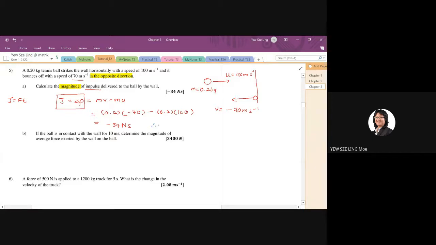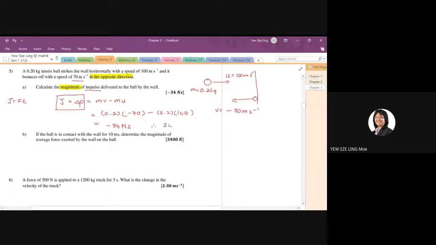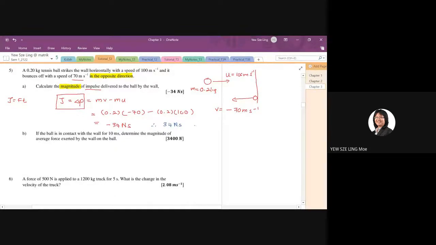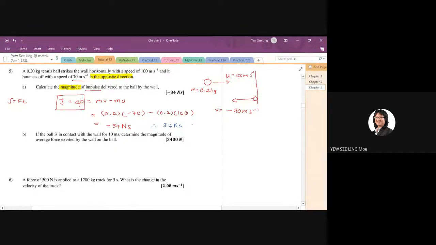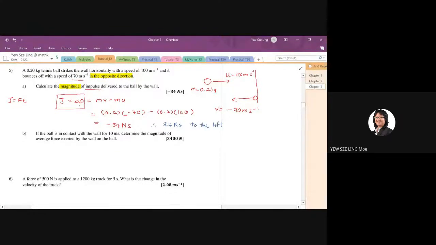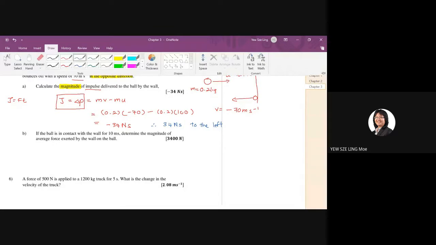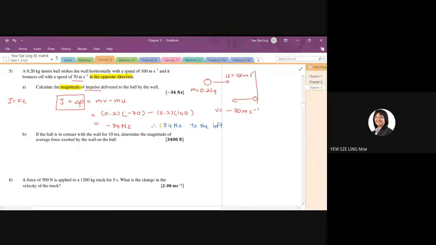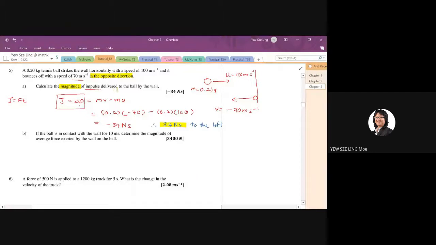So you rewrite it in a sentence: 34 N·s to the left. Now you have a positive 34, which represents the magnitude. So this is the impulse to the ball by the wall.